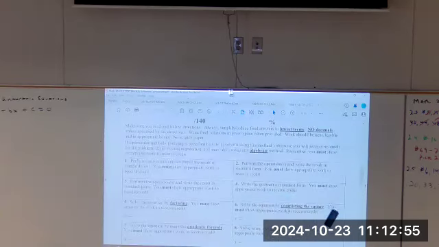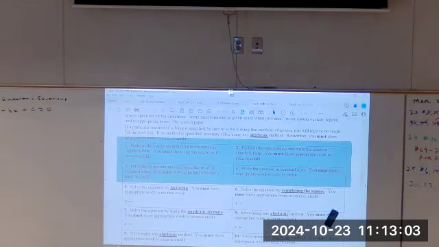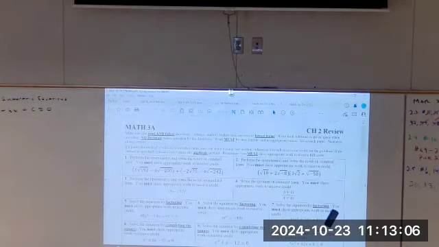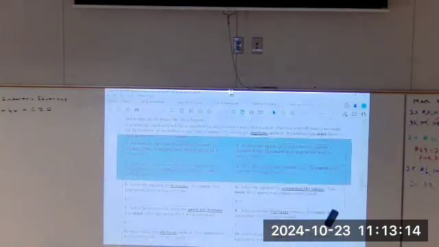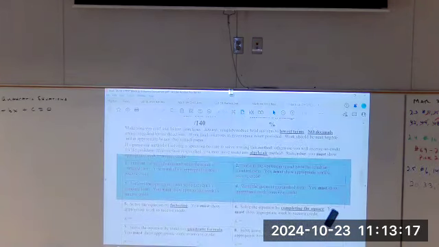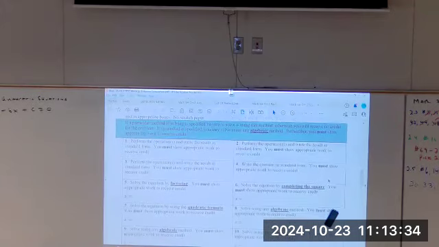Each problem is 10 points. You take a look at the review sheet. The first 4 questions are from 2.3. And then we start solving. If a particular method of solving is specified, be sure to solve it using that method. Otherwise, you will receive no credit for the problem. If no method is specified, you may solve using any algebraic method. Remember, you must show appropriate work to receive credit.